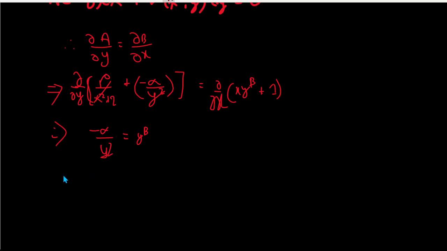Now it equals negative of alpha y to the power negative 2 equals y beta.